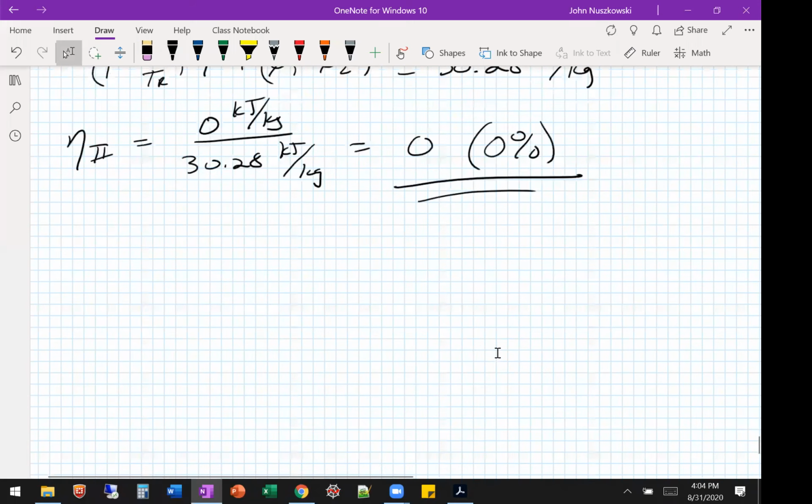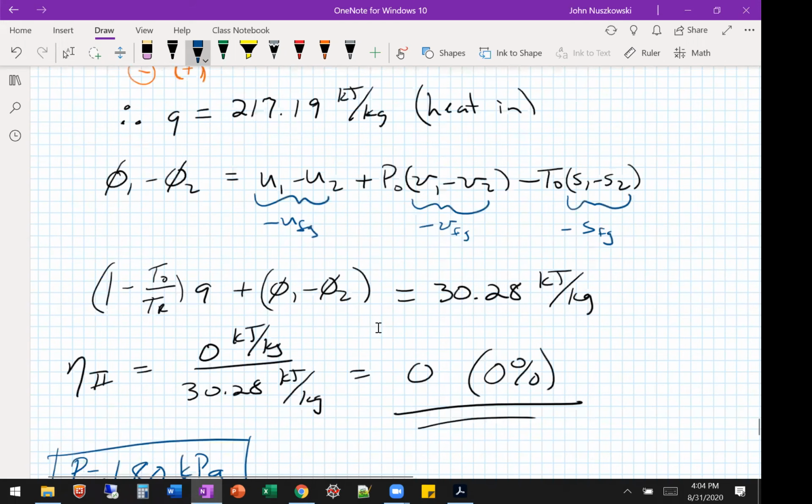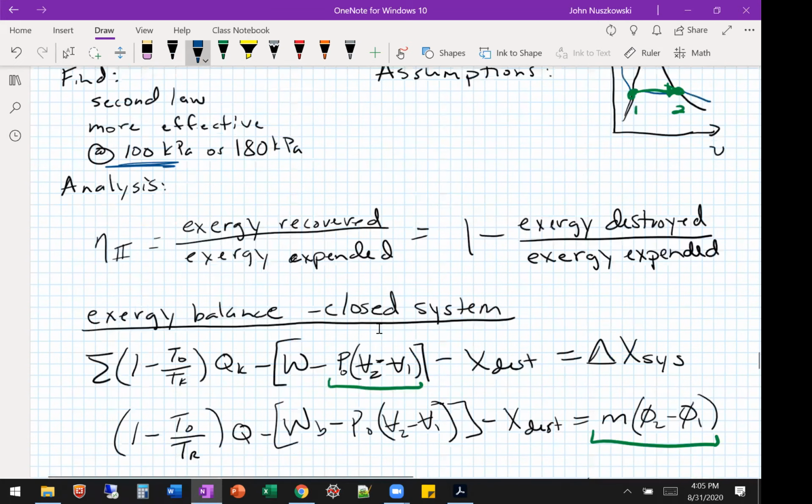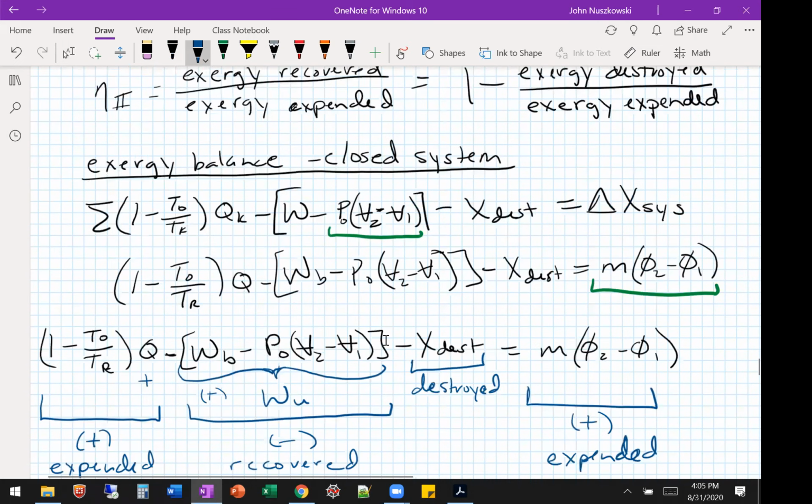So the next part is we have a pressure of 180 kPa. Okay. Do our equations change at all for that? Like we went through here.